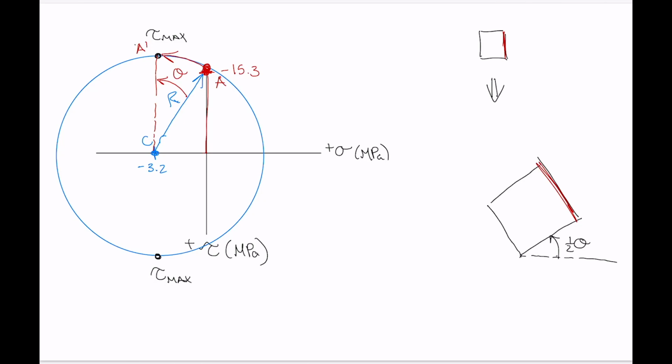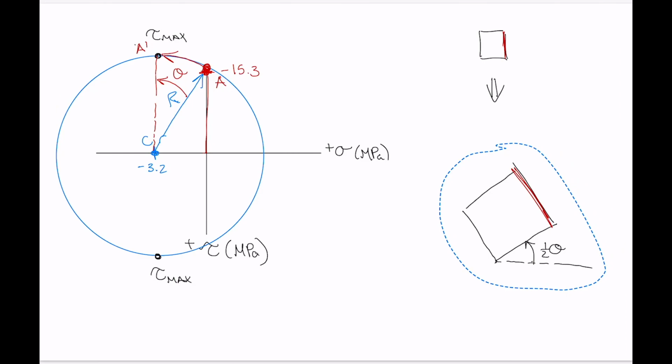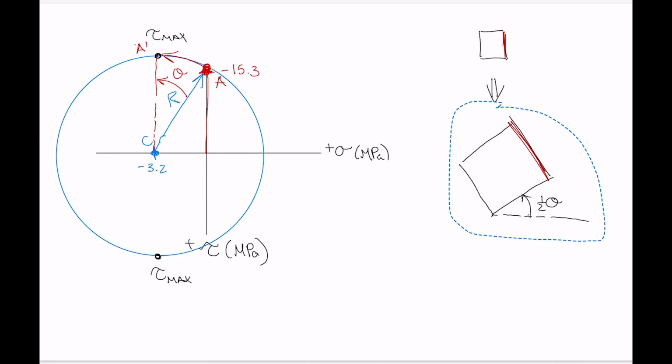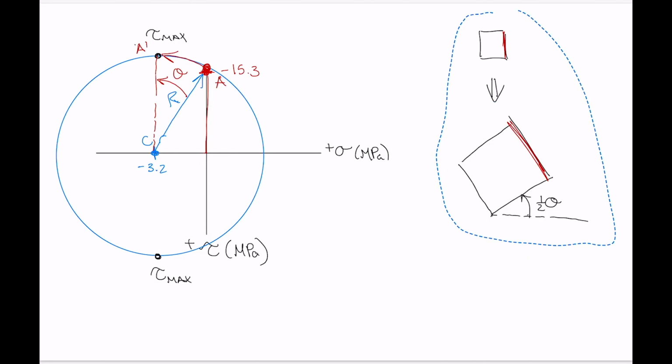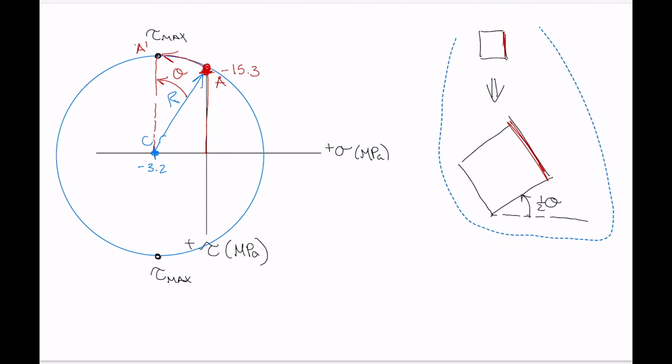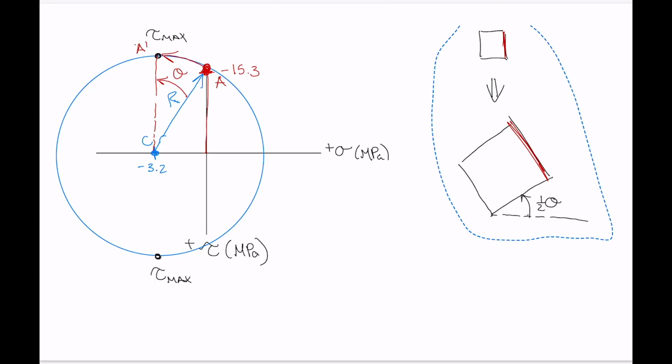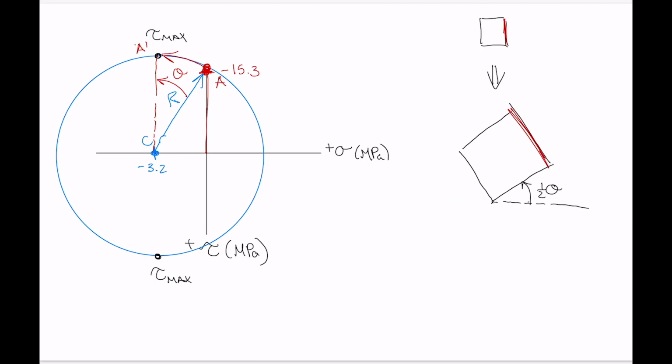Okay, so now we need to put our stresses on this element here and figure out what the values are. So the first thing to do is figure out what the value of the radius of the circle is. And I'm just going to move this up a bit here. Okay, so the radius, that's trivial to figure out.